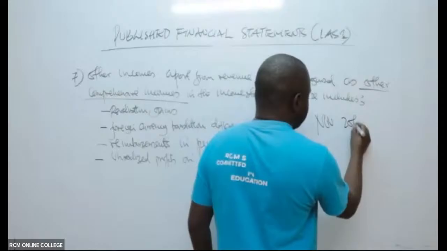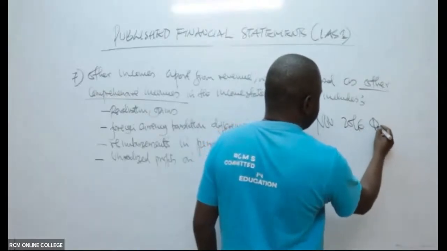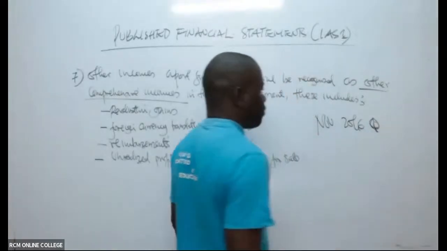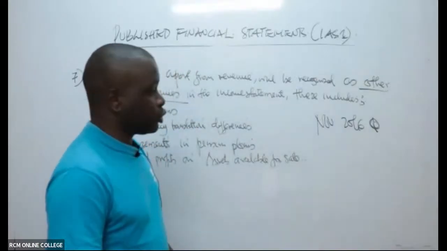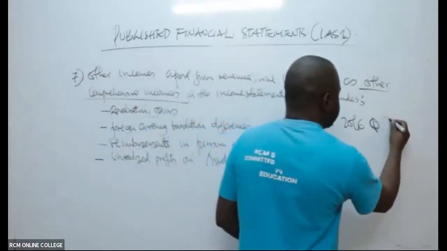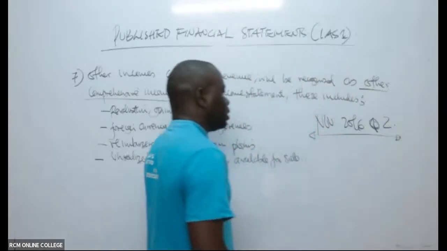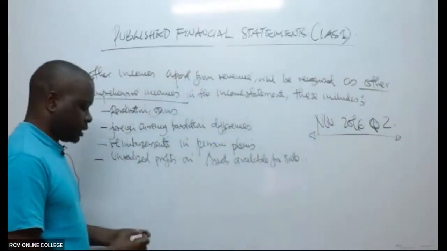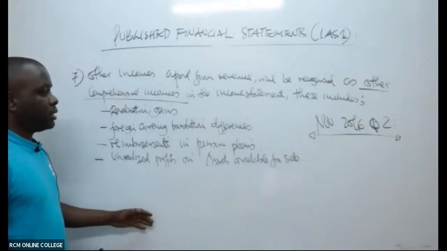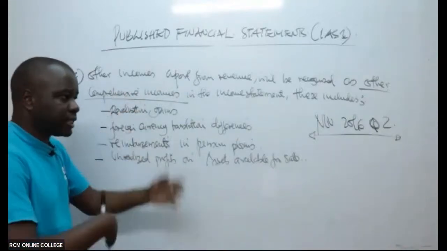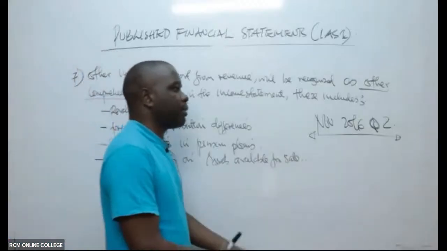November 2016, which we'll start with. We look at around 2 or 3 questions. November 2016, question number 2. You can just look at it, but that is what we'll commence from. You'll see how it is presented, or how you come up with those figures.